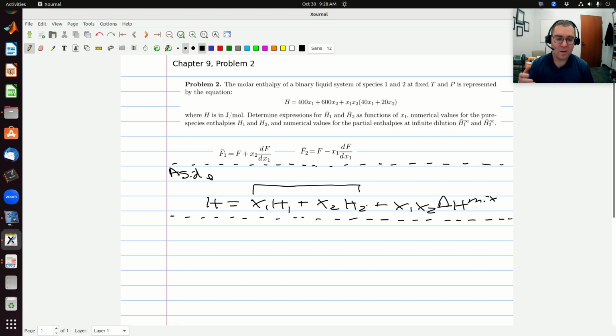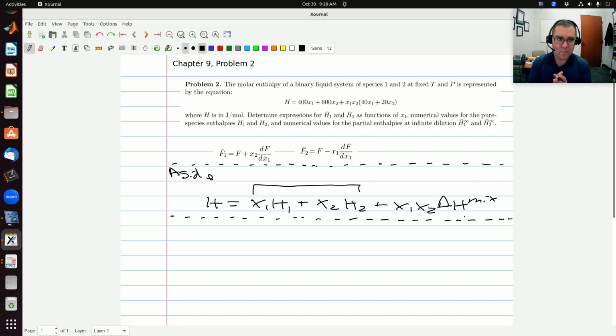So I've got the value of an ideal solution plus my property change upon mixing. This functional form is such that the parameters have physical significance. So h1 is 400, h2 is 600, and then 40x1 plus 20x2 is just an analytic equation that was used to fit, or model, delta H of mixing.